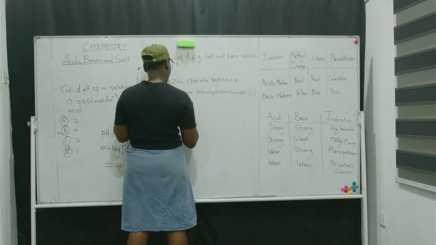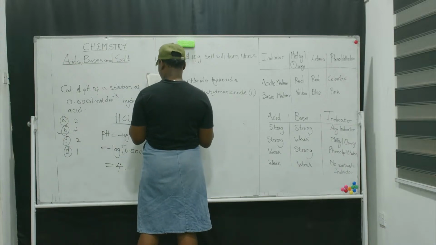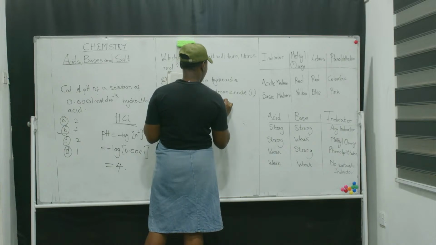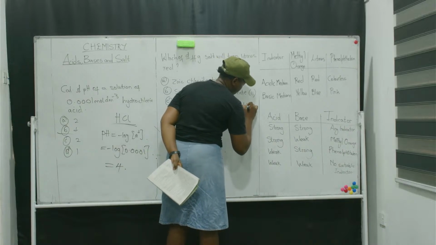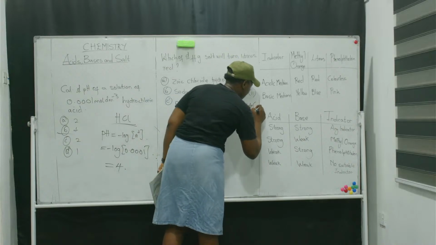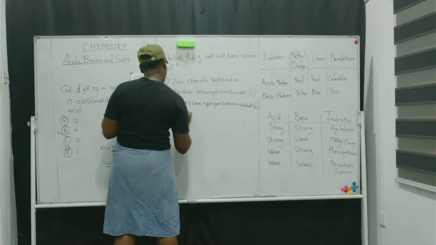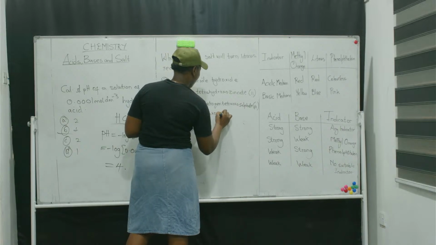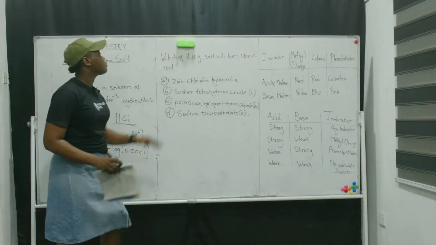C. Potassium hydrogen tetraoxosulfate 6. D. Sodium trioxocarbonate 4. Okay, so let's attempt this.